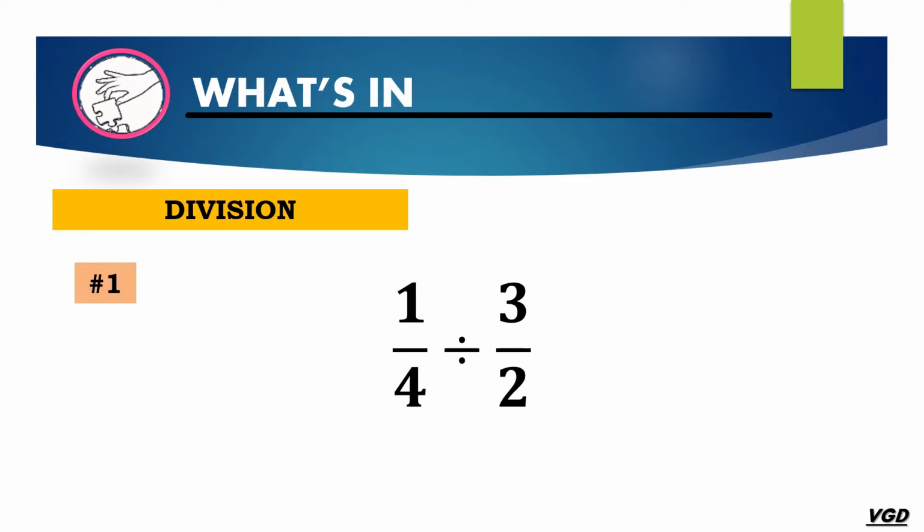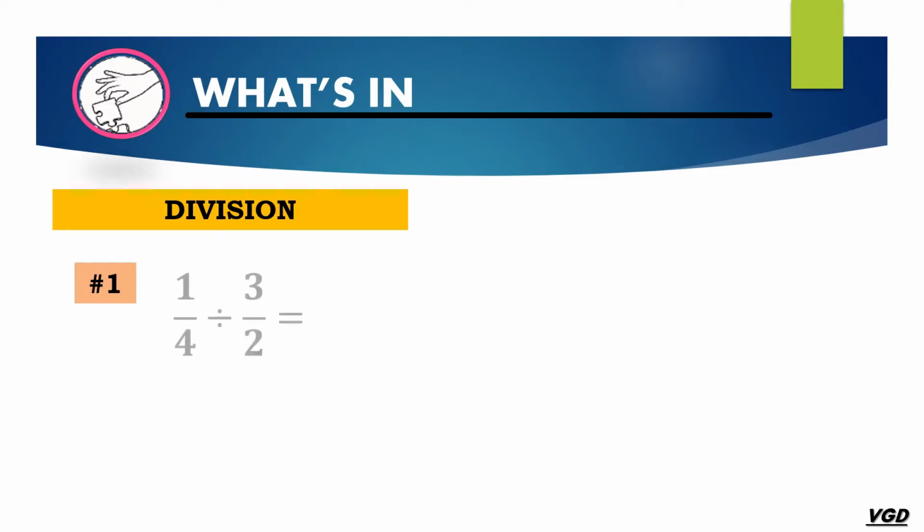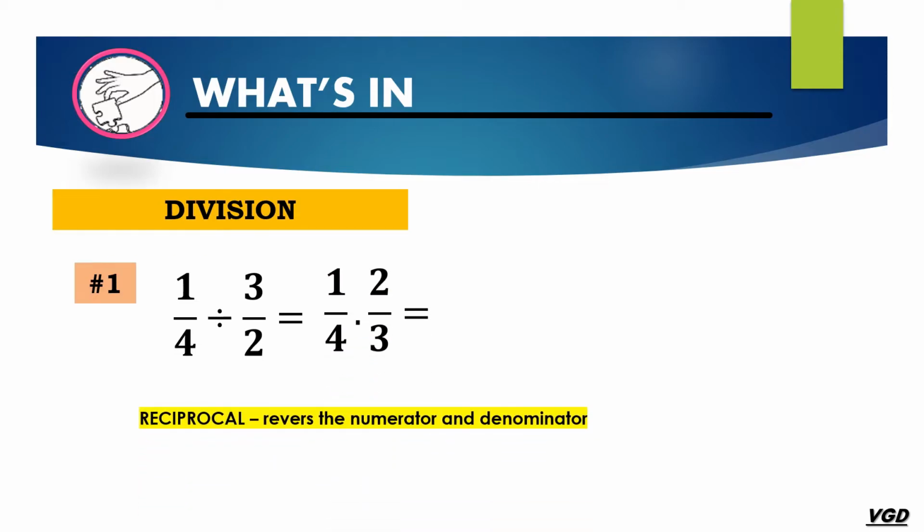So let us have this number 1: 1 over 4 divided by 3 over 2. In dividing a fraction, all we have to do is to multiply the fraction to the reciprocal of another fraction. So in this case, we will have 1/4 times the reciprocal of 3 over 2, which is 2 over 3.